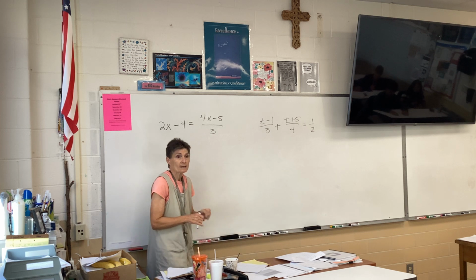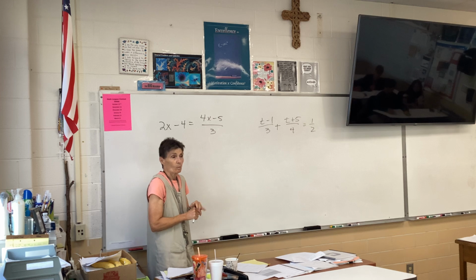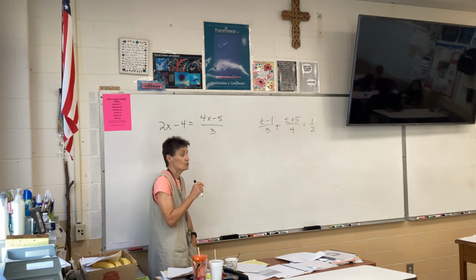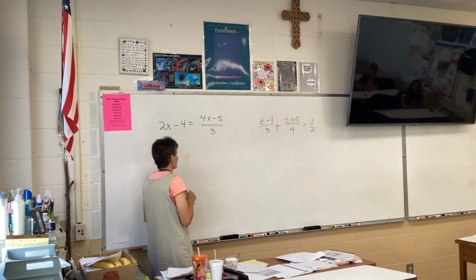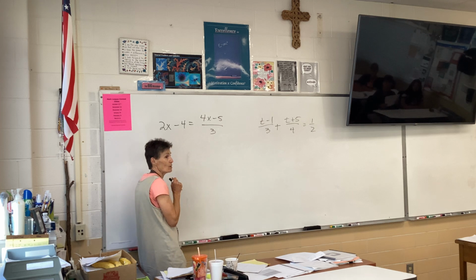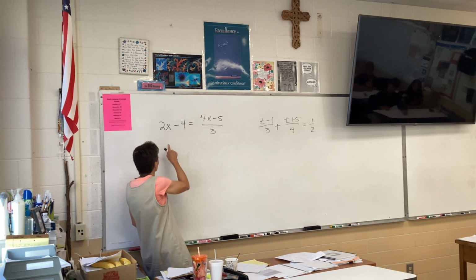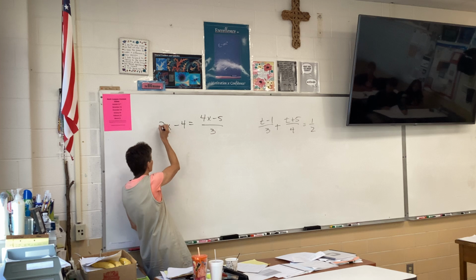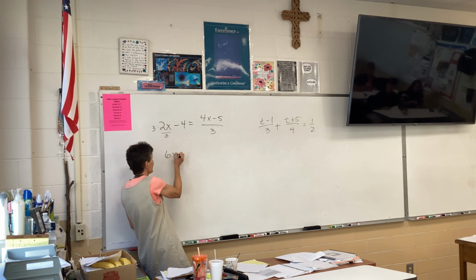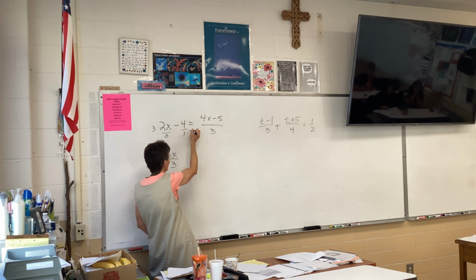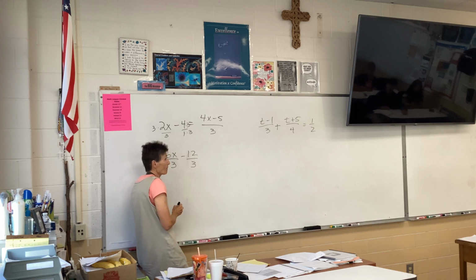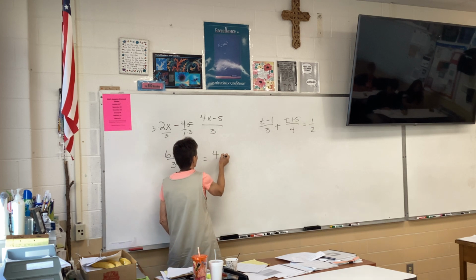Can you tell me what you would do? I can't remember what we did yesterday. What would you do? Stress? So stress says I would like everything to be over 3. So if I'm going to put this over 3, it's going to become 6x. And this one, if I'm going to put it over 3, it's going to become a 12. That one's already over 3.